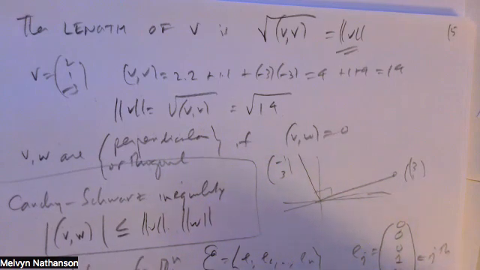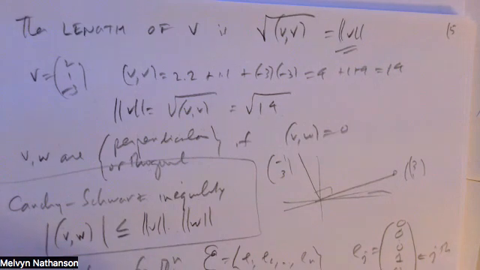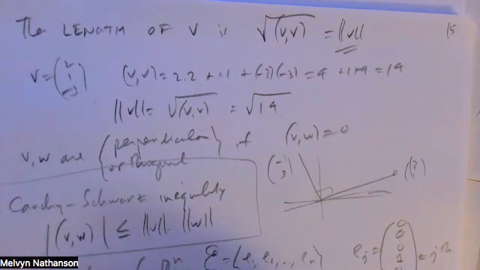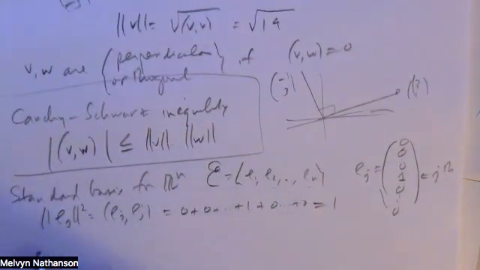Everywhere else, the coordinate is 0. So the length squared of Ej is the inner product of Ej with itself, and then you take the square root for the length. If you take the sum of the squares of the coordinates, you get 0 plus 0 plus 1 plus 0, a lot of zeros and a single one, which is 1. So the length of Ej is 1. Every vector in the standard basis has length 1.